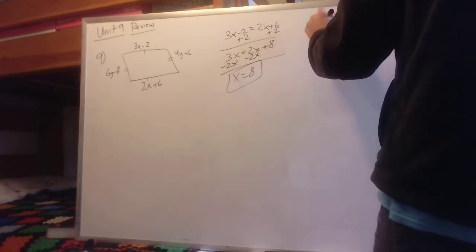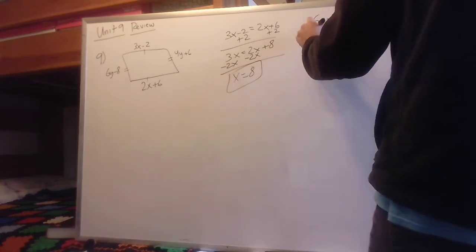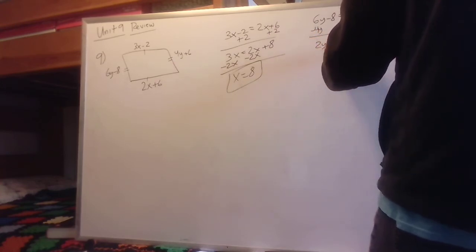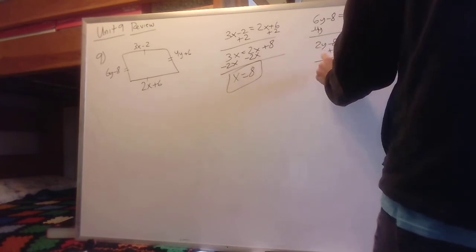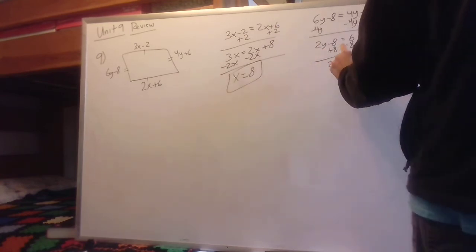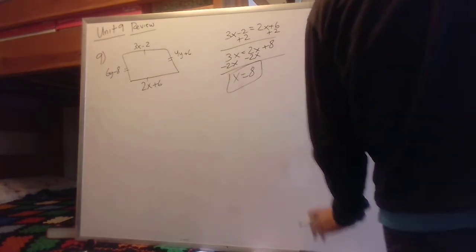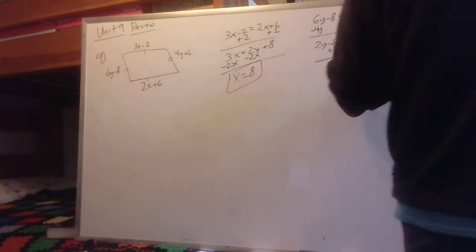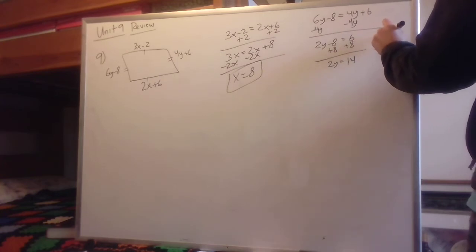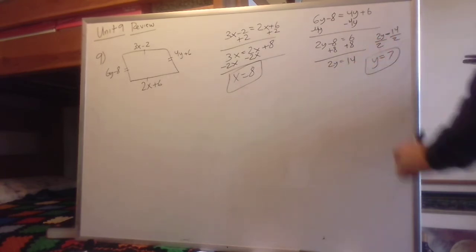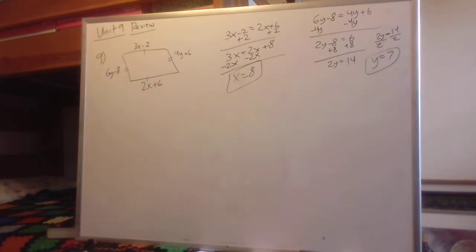All right, and then I'm going to subtract 4y from both sides, and I get 2y minus 8 equals 6. I'm going to add 8, 2y equals 14. I was already doing it in my head because that's why I said 7, because I divided by 2 on both sides, and I get y equals 7. Okay, so that is problem 9.